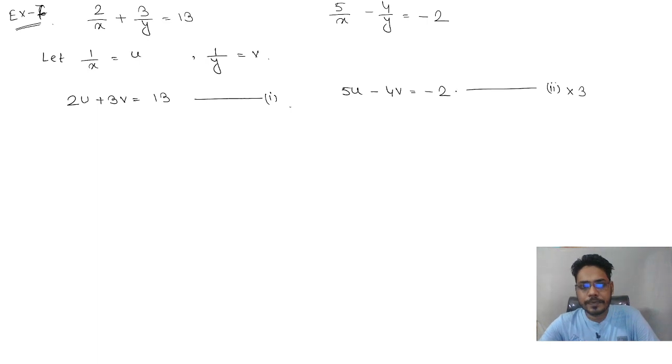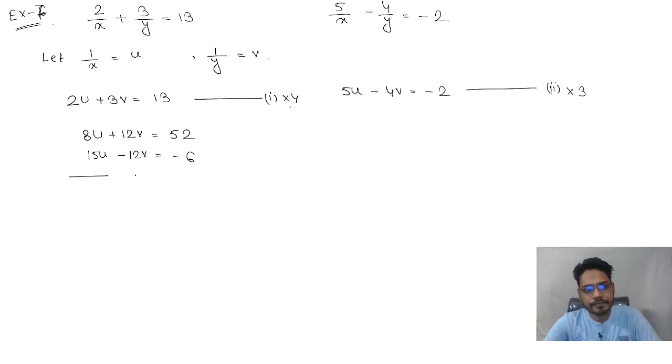Now multiply with 3 and multiply with 4. First you need to make the coefficient of v equal. So here 8u plus 12v is equals to 52, and 15u minus 12v is equals to minus 6.